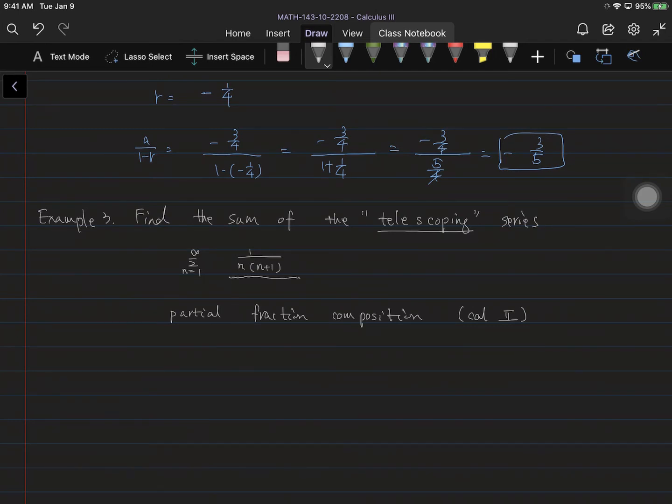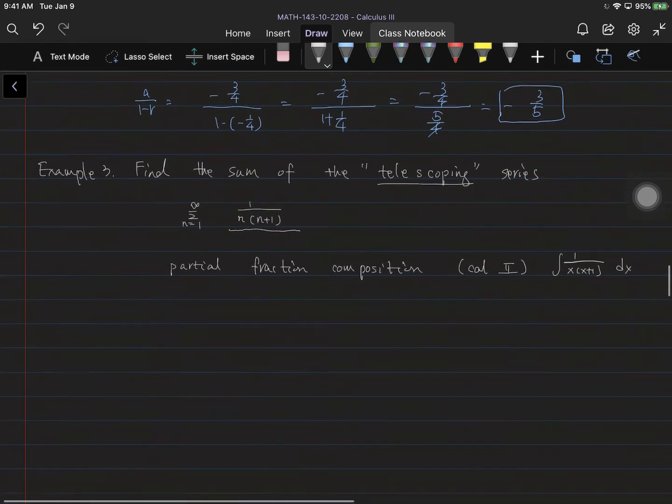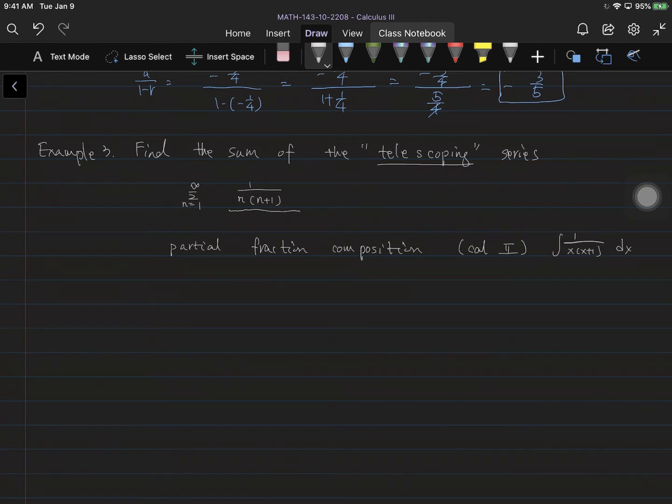We separate the term. When we have some integral like this, 1 over x plus 1, when we try to find the integral of this, we do partial fractions, right? We can do a brief partial fraction here.